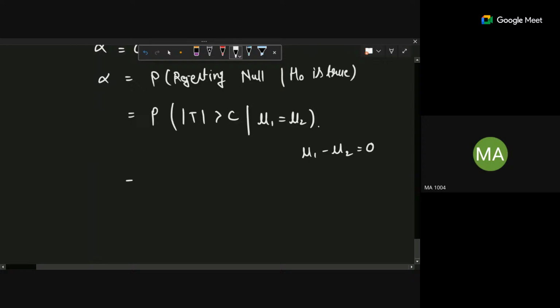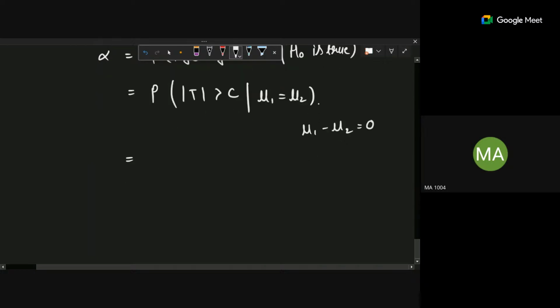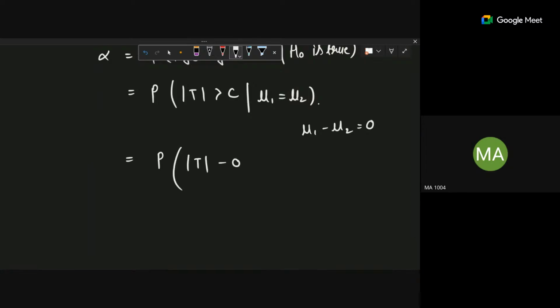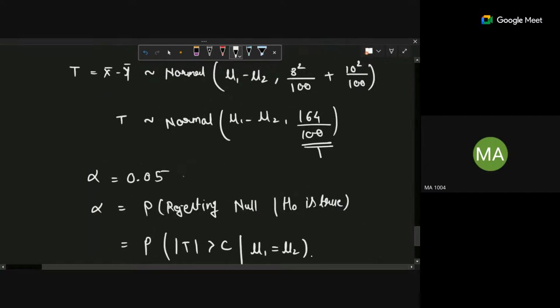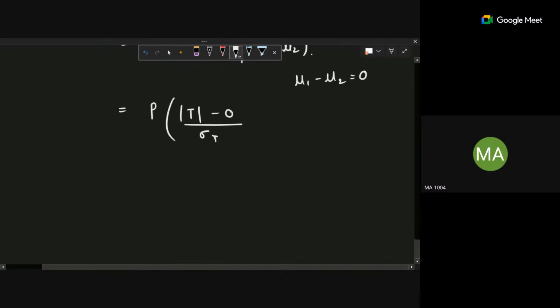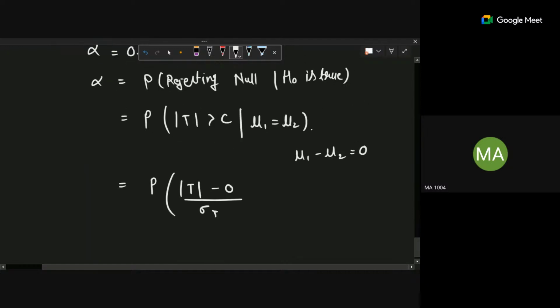So if I take minus 0 on both sides and divide by sigma T, the standard deviation, which is nothing but sigma T square, let's say, that will be greater than C minus mean upon sigma T, right?